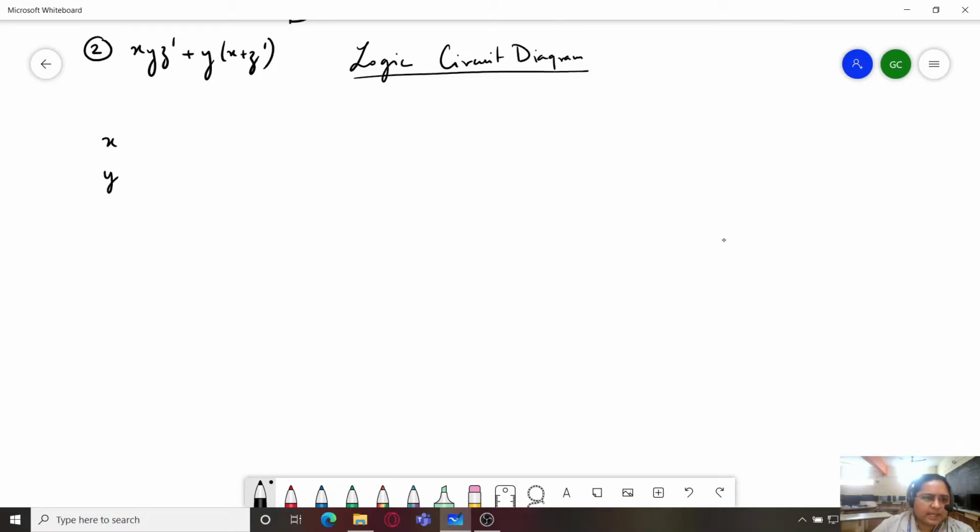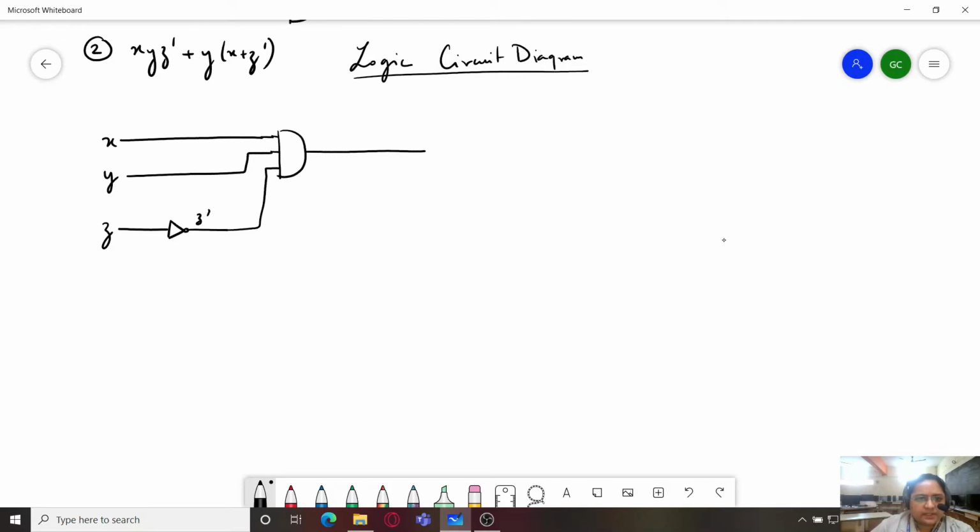So we will write x, y and z together. We need z dash, so we will just extend it and attach a complement gate, which will give us z dash. Now x, y and z dash, these three are being attached to an AND gate. So that will give us x, y and z dash.